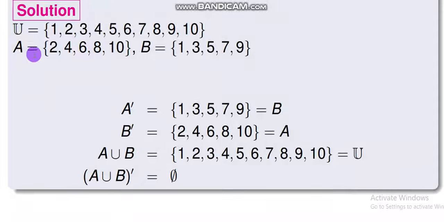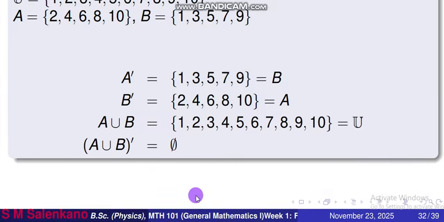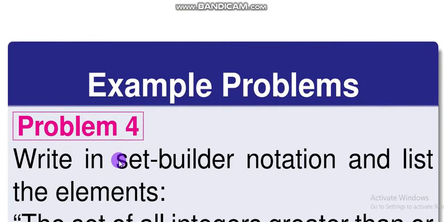So there is no element in the universal set that is not in A union B, right? They are exactly the same. So if I say this one minus this one, I will not be left with any element, right? This is why the complement of A union B becomes empty. It's an empty set.